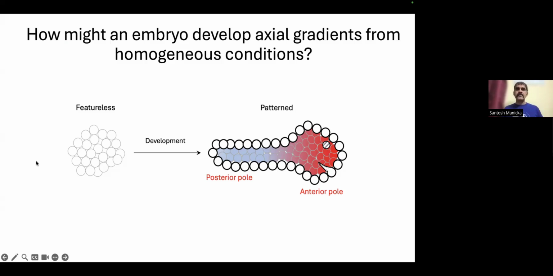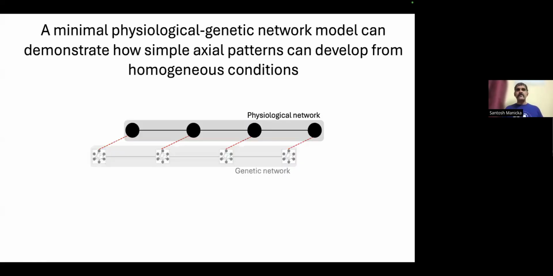So the question is, how might these axial gradients develop over time? Of course, there is a lot of work in embryogenesis. It's a wide area of research and people have done a lot of work. But for us, we wanted to understand the phenomenology of this phenomenon using simple models. So as I told you before, that's the modeling approach that we have been using. So for this purpose, we designed a simple one-dimensional model that has two layers.